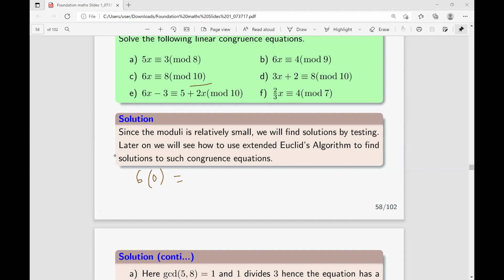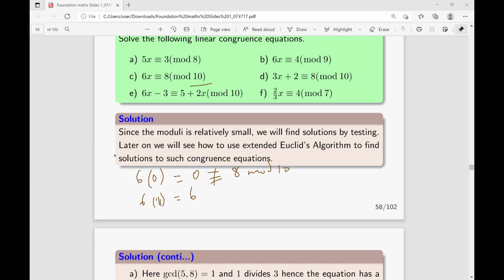Now, so we try 0. We are trying numbers from 0 to 9. So this will give us 0. And 0, we can see that is not congruent to 8 mod 10. Let's try 1. This is 6.